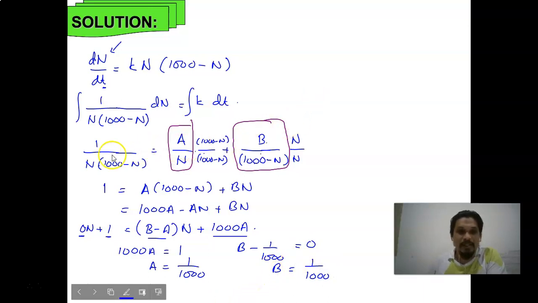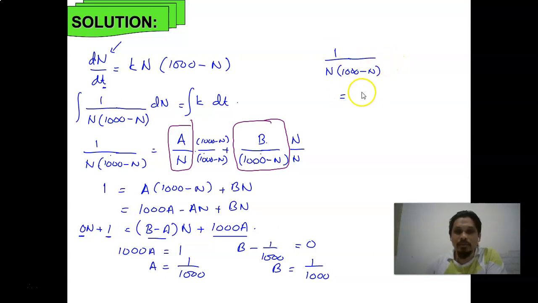Okay, so rewrite this: 1 over n(1000 minus n) equals A divided by n, where A is 1 over 1000, so 1 over 1000n, plus B, which is also 1 over 1000, divided by 1000 minus n. So 1 over 1000 and 1000 minus n.